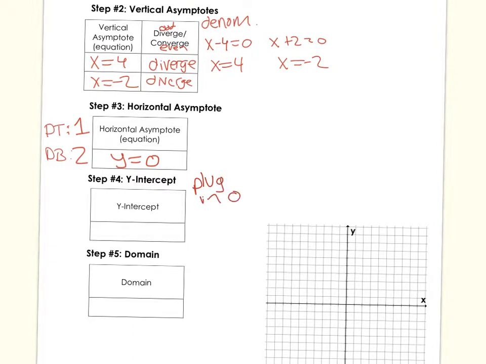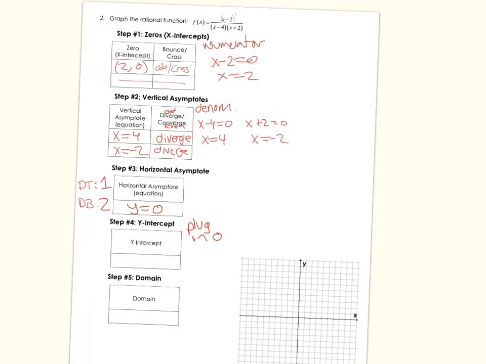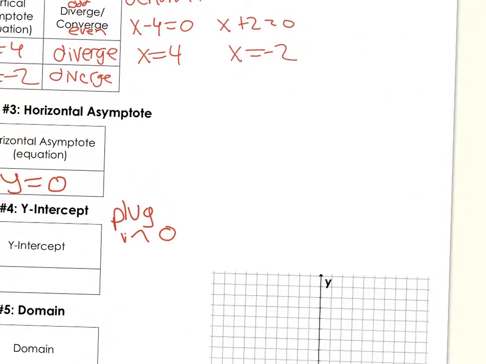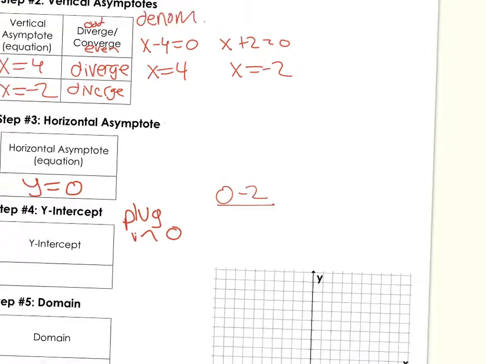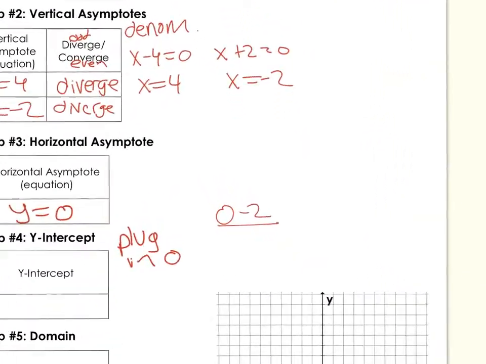Okay, so I'm going to do this off to the right here where I have a little bit more room. Every x I see in the equation needs to have a 0 in instead. So the top is going to become 0 minus 2. The bottom is going to become 0 minus 4 and 0 plus 2.